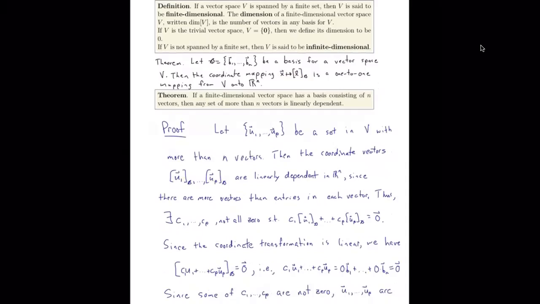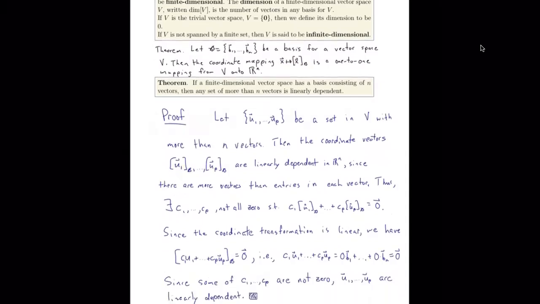So that being the case, we have constants C1 through Cp, not all of which are 0, such that the linear combination of these vectors is equal to 0. This is our linear dependence equation right here, for not all 0 C1 through Cp.